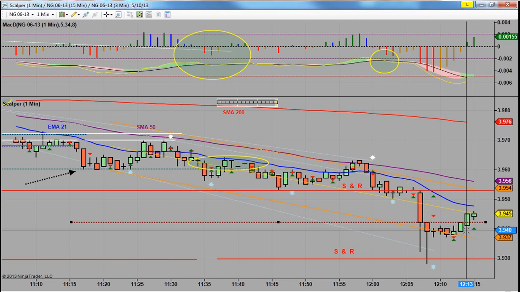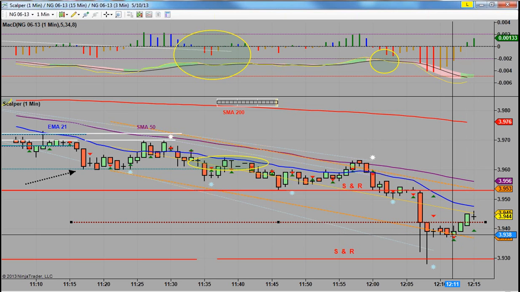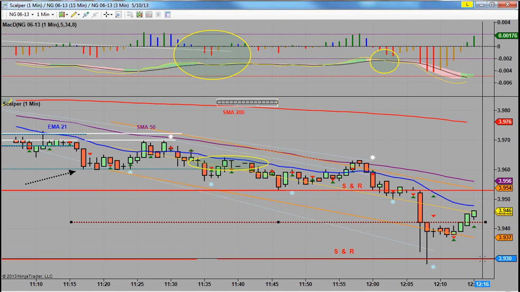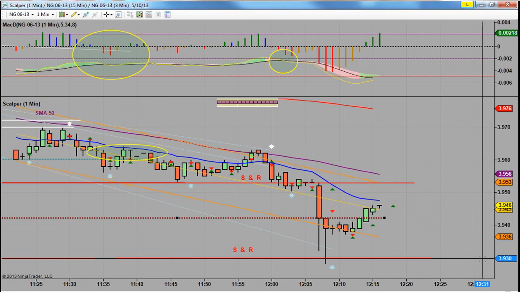Well, sometimes our breakout will only go so far, and then that's all it was. It's just a momentary indecision that broke and went in a direction.